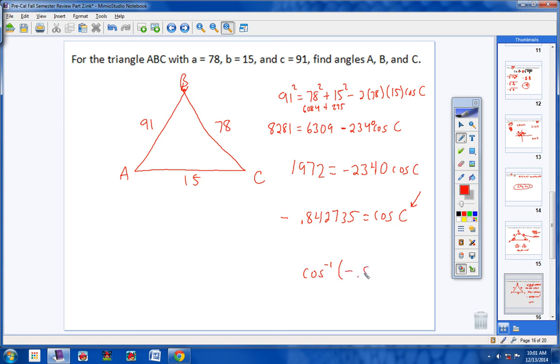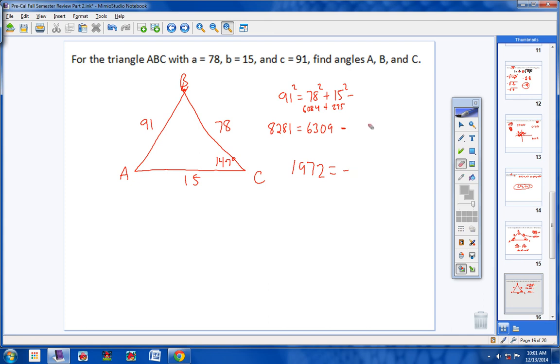Negative 0.8427355, and we should get out the right answer. So here we go. 147.4. I'm just going to put 147. So 147 degrees for angle C. And I hope I've not made any mistakes there.